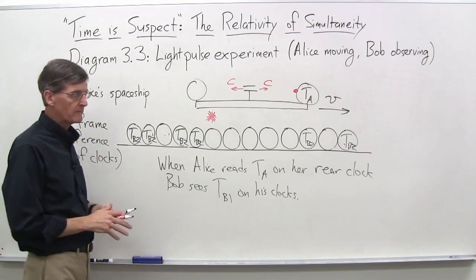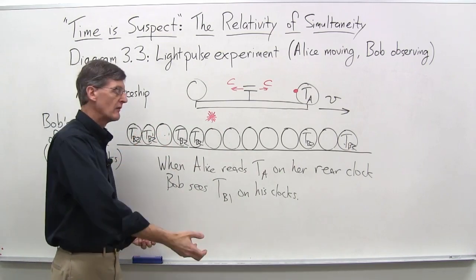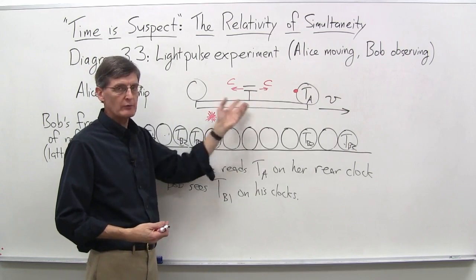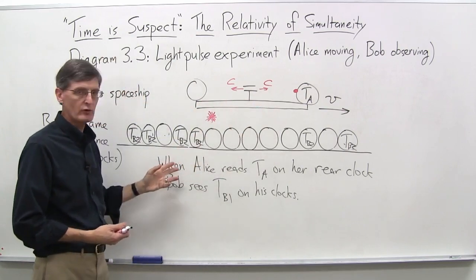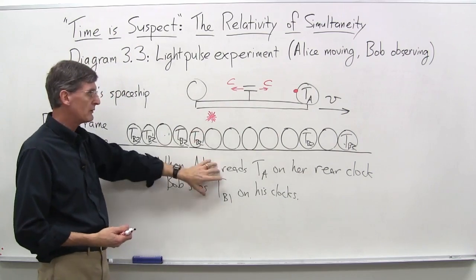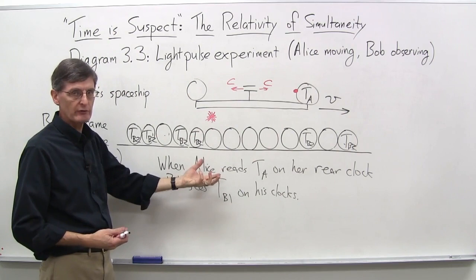It comes from Einstein's two postulates, the principle of relativity plus his principle of light constancy, which led to the insight that the speed of light is going to be the same no matter who's observing it. It's not going to be c plus v or c minus v. Bob will always see the speed of the light pulses as c. Alice will always see them as c.